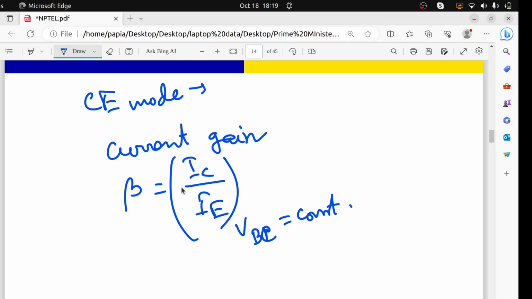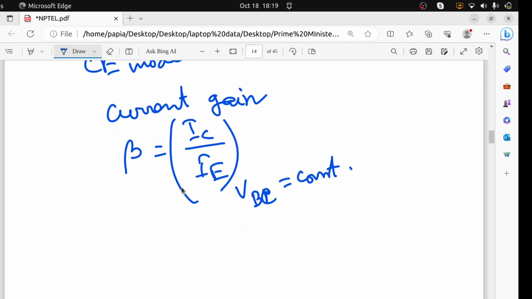So how to do that? I don't know which of IC and IE depends on temperature. We have to check. So first of all we will talk about IC, right? So there is one expression.